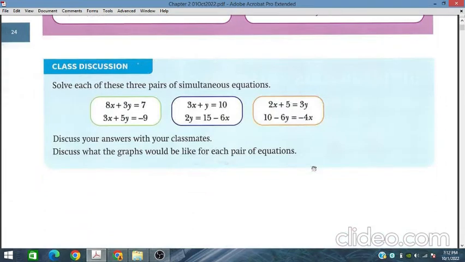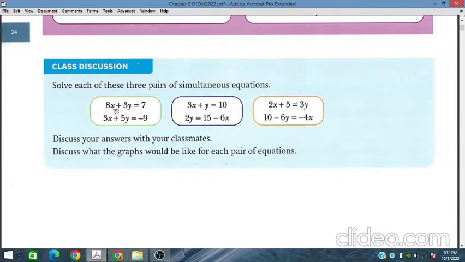In our class discussion, we have solved these three problems. The first one is 8x plus 3y is equal to 7, 3x plus 5y is equal to minus 9. This problem will give a unique solution.